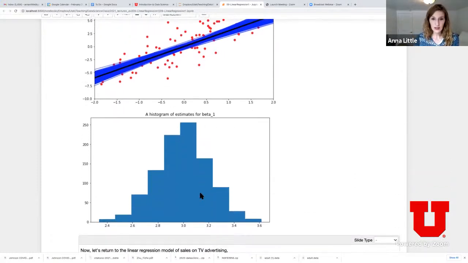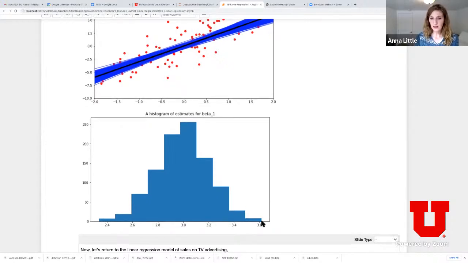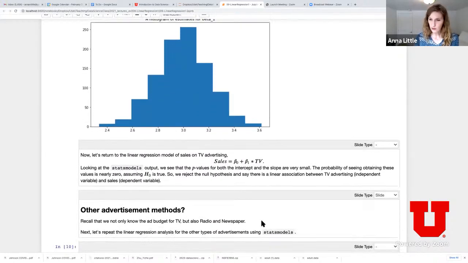And so here we can see a histogram of values for all of the different slopes computed, and they are definitely centered at 3, so that's good. So the expectation is right. They're centered at 3, but there is a bit of variation here, ranging from about 2.4 to 3.6. So we could get unlucky in our sample and be a little bit off in our computation of that slope.